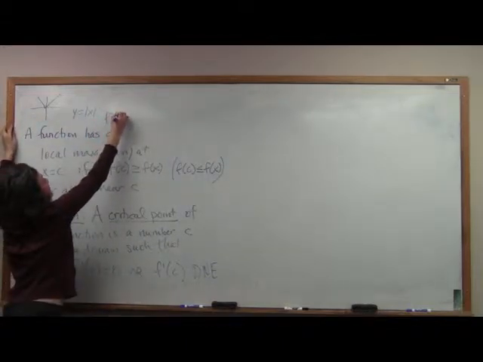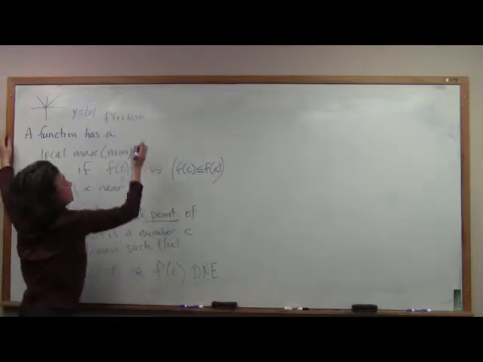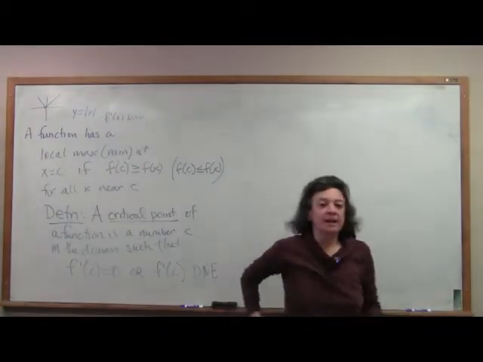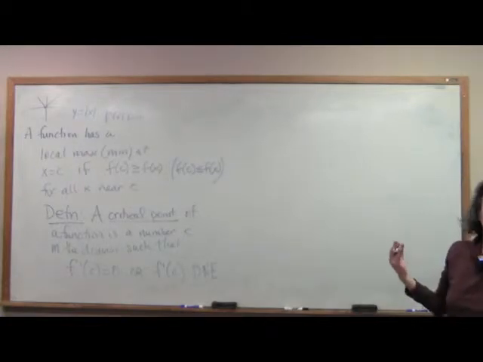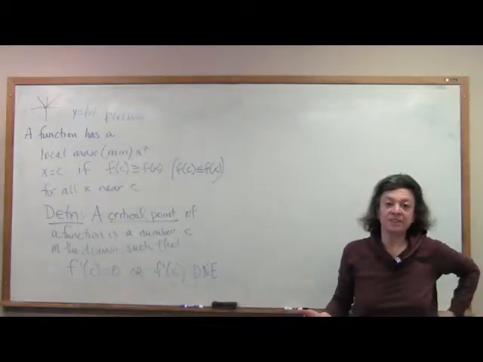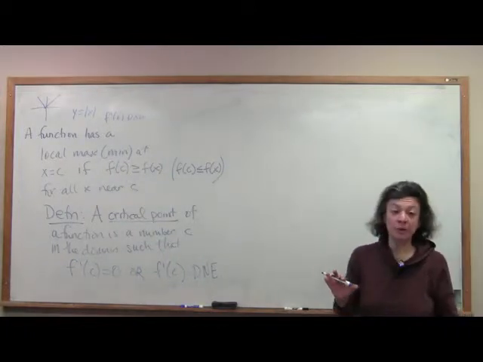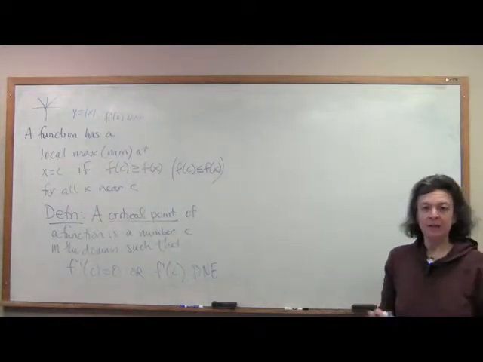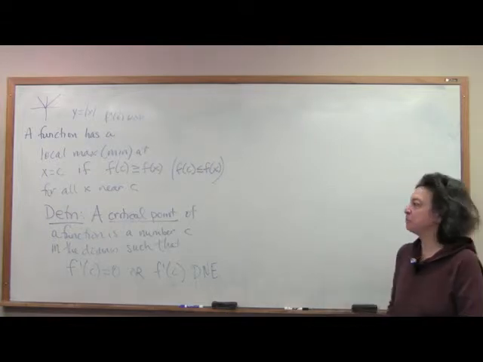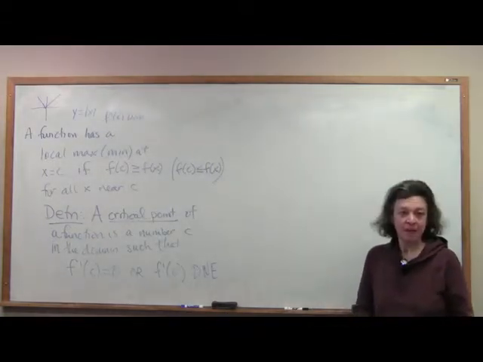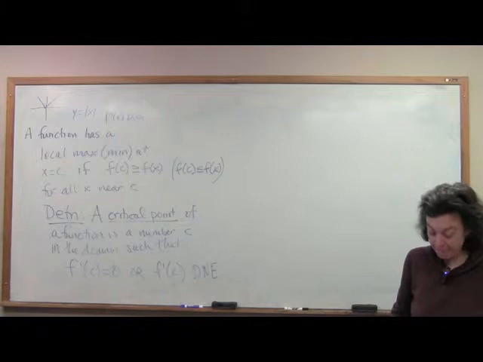So here f prime of 0 does not exist. And one characteristic when we look at graphs to tell where our derivative doesn't exist are sharp corners. Okay, so again, we're not going to be running into that in this class, but for the sake of completion and your notes, I do need to state that.